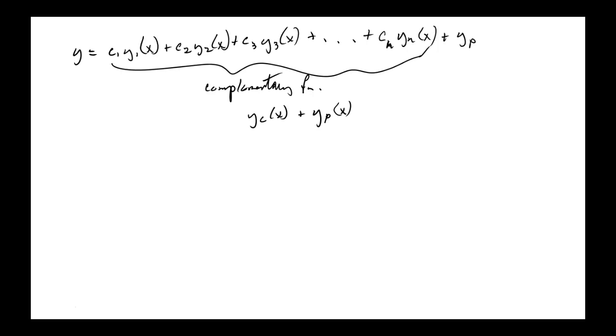Now we call it the complementary solution for the non-homogeneous case. Then these particular solutions that work just for that g of x don't have the c's with them. They're just solutions for that. So your general solution for the non-homogeneous case will be y equals the general solution for the homogeneous case, which is now called the complementary function, plus any of these particular functions. So that's the bottom line of what I've been doing so far.